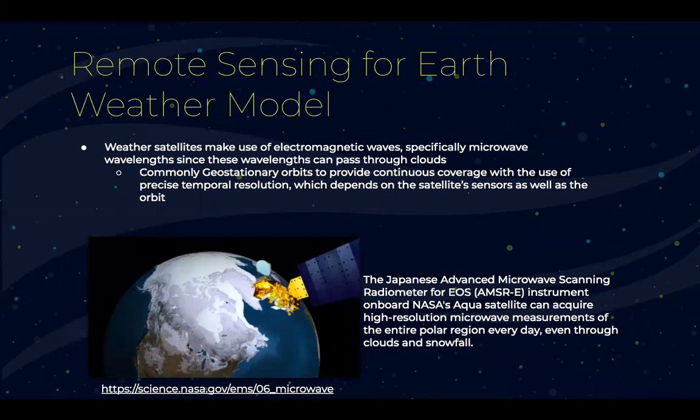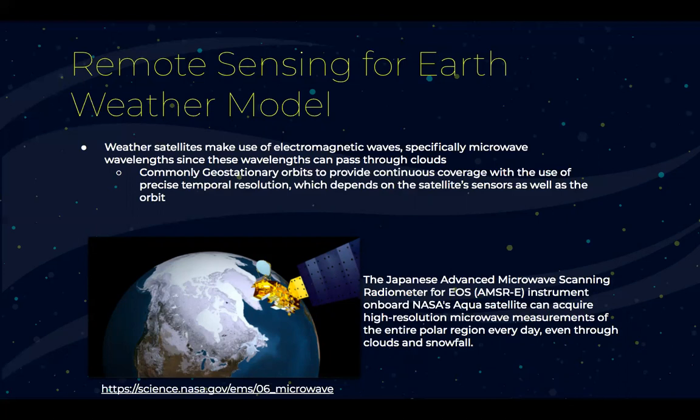To use remote sensing for the Earth weather model, weather satellites use microwave wavelengths, a form of electromagnetic waves. Because these types of wavelengths can pass through the clouds, satellites with geostationary orbits provide continuous coverage using precise temporal resolution, which is the time it takes for a satellite to complete an orbit and come back to the original area.